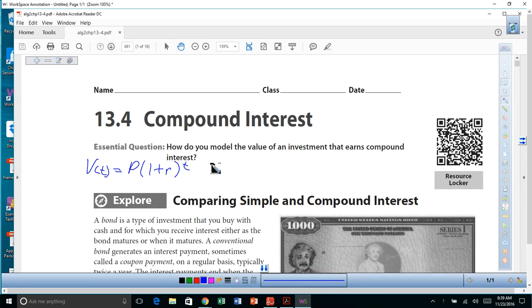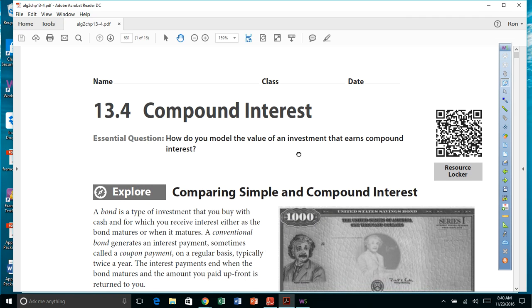If we're going to do it more than annually, that would be V sub t equals the principal times 1 plus the rate divided by the number of times a year, to the nt power. And that's if we're going to do it more than annually, but not continuously. Continuously, that would be V sub t equals P, and then we use the number e to the rt power. All right, so that's the three ways.